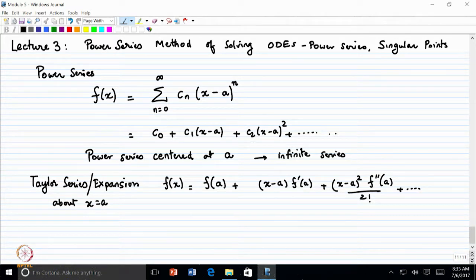We write this as the sum over n equal to 0 to infinity of f superscript n of a, where n refers to the nth derivative, times x minus a raised to n divided by n factorial. So the Taylor series of a function is one very popular form of the power series; it is nothing but a power series.